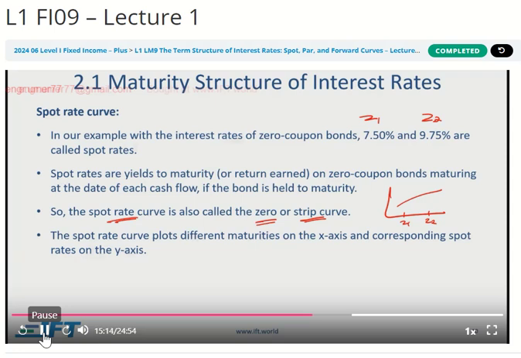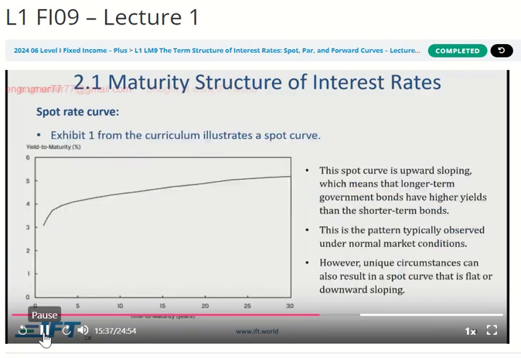Or if you don't have zero coupon bonds, what you're essentially doing is stripping those cash flows separately to make a bond which only has that one cash flow coming after 1 year, or that other cash flow which is coming after 2 years, and not taking any other cash flows into account, so that you can calculate that pure 1 year rate or that pure 2 year rate, right?